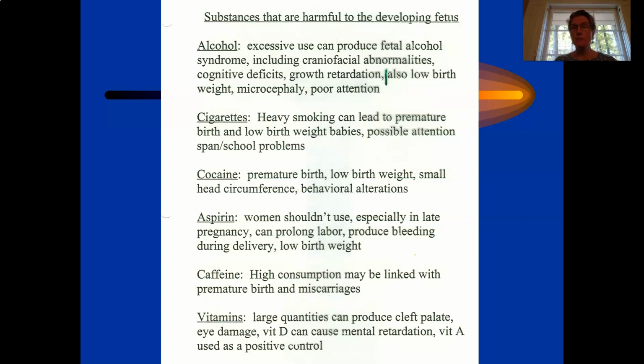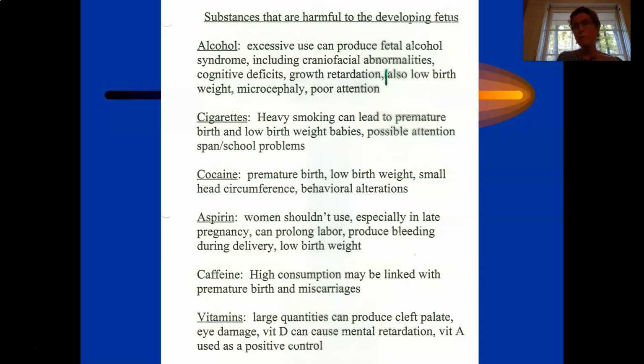And even caffeine, high doses can be harmful to the child. Now, I would say that a pregnant woman is probably fine to have a couple caffeinated beverages a day, but that's probably about the cutoff there. And I'm not talking about 2 venti Starbucks either. I'm talking about just 1 cup of coffee or tea.